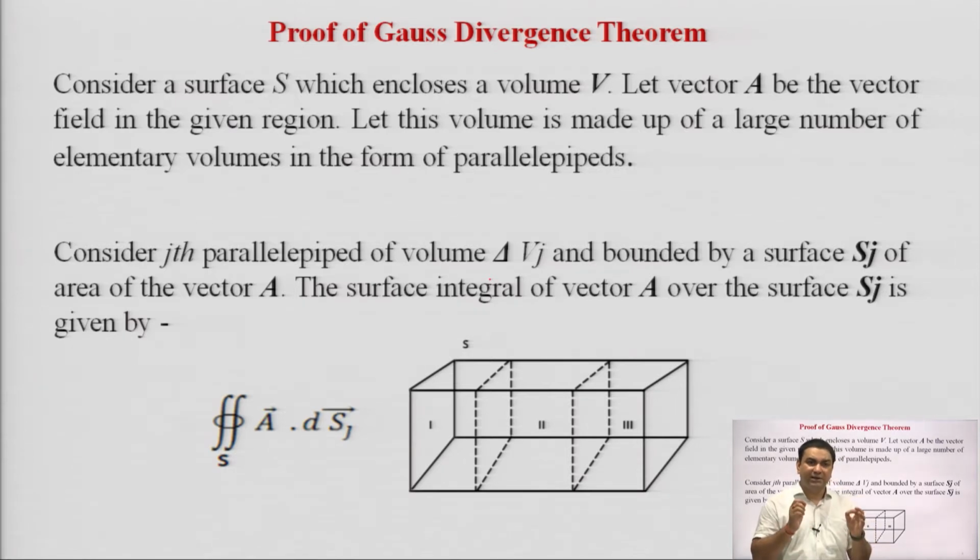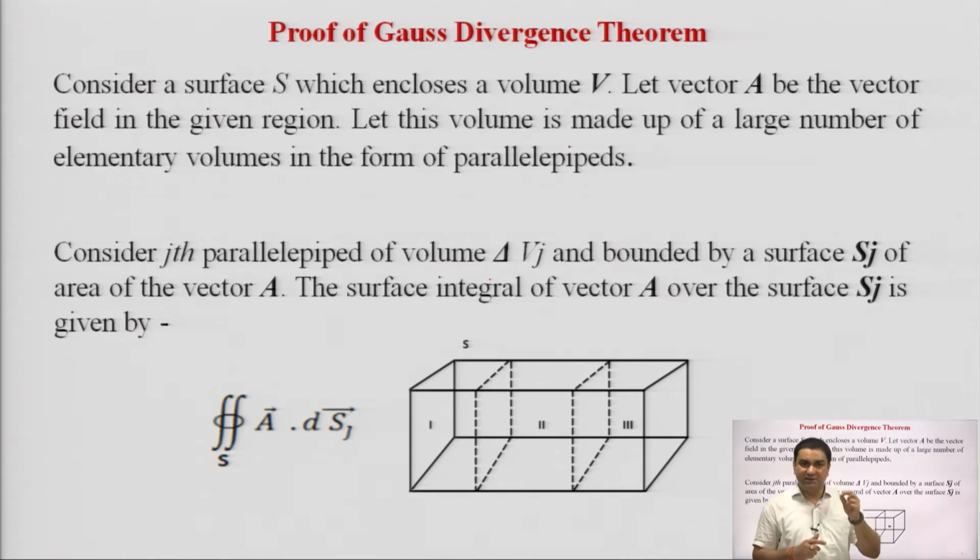Suppose an elementary volume jth, which is a part of this complete volume of the vector field A, and when we consider this jth parallelepiped, which has a volume of delta Vj, and this volume is bounded by a surface Sj, then the surface integral of that vector A over the closed surface Sj may be given by this mathematical notation: the double integral over the closed surface of vector A dot dSj.